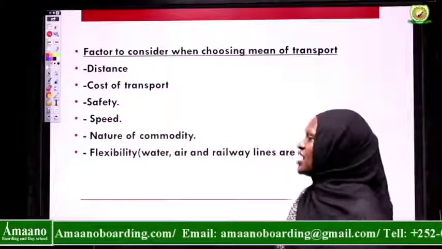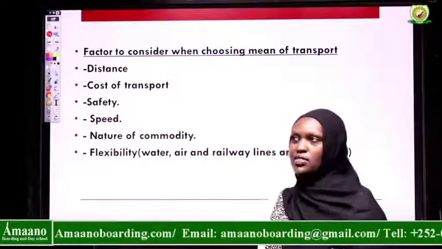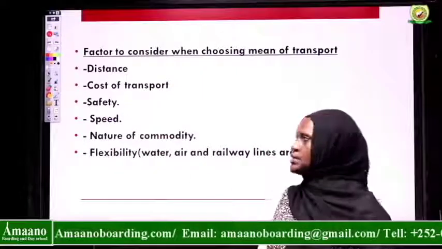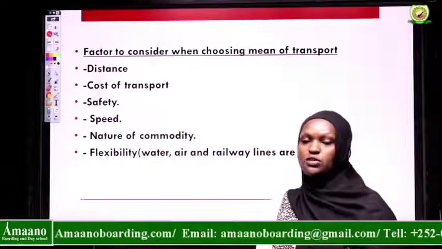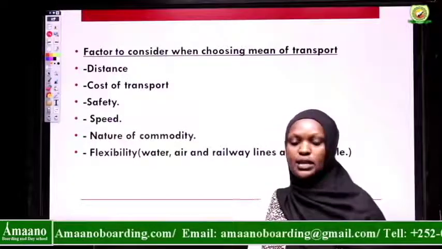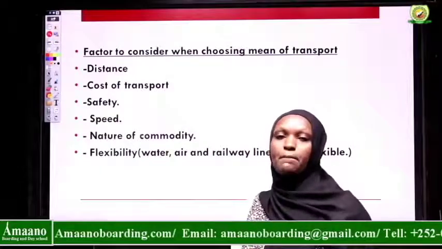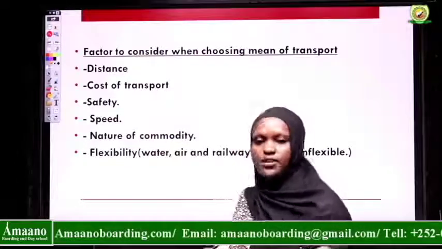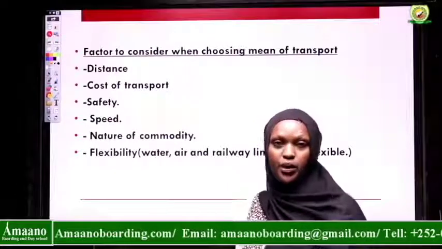We also have the nature of commodities. These are the things you want to carry. Let's say you have vegetables. We know the vegetables get spoiled very fast. So, if you say I'm going to transport my vegetables to the market by walking, and the distance from where you are to the market is very far, by the time you reach the market, the vegetables are already spoiled.